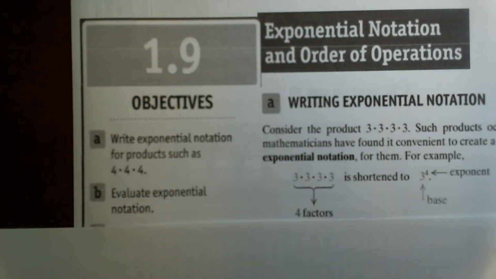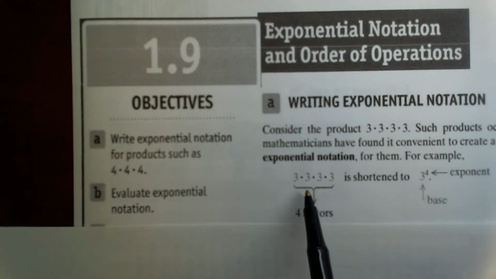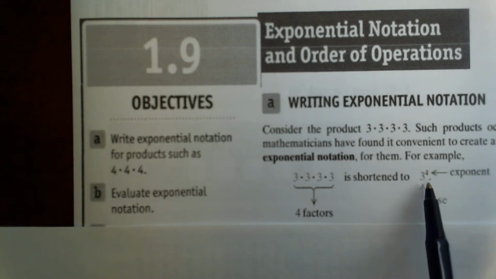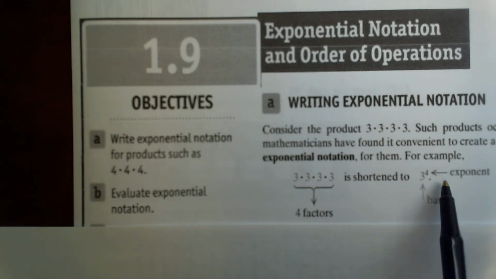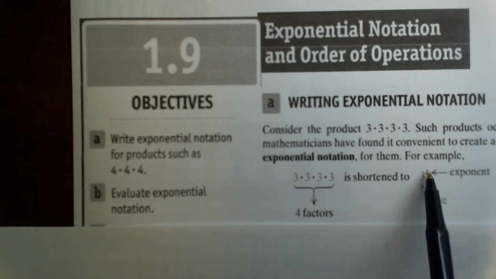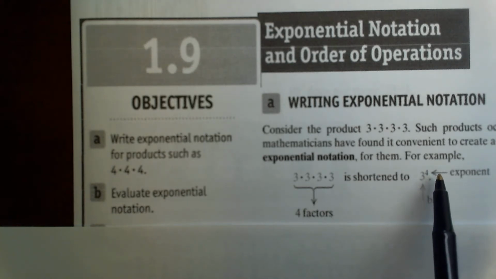For example, we have 3 times 3 times 3 times 3, 4 factors, and we write that as 3 to the 4th power, where the number 3 is the base, and the number that's a little bit higher is called the exponent. If you look in Microsoft Word, there is a way to write exponents this way also. It's an icon there, you have to look for it, but it's there.